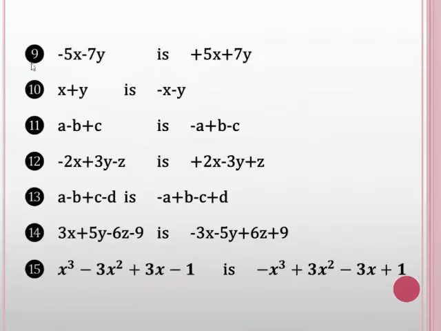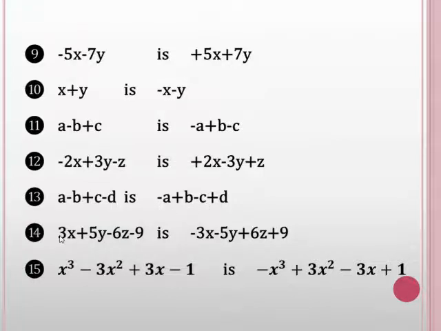Now there are more questions from the same exercise. Minus 5x minus 7y is plus 5x plus 7y. The additive inverse of x plus y is minus x minus y. The additive inverse of a minus b plus c is minus a plus b minus c. The additive inverse of minus 2x plus 3y minus z is plus 2x minus 3y plus z. The additive inverse of a minus b plus c minus d is minus a plus b minus c plus d.